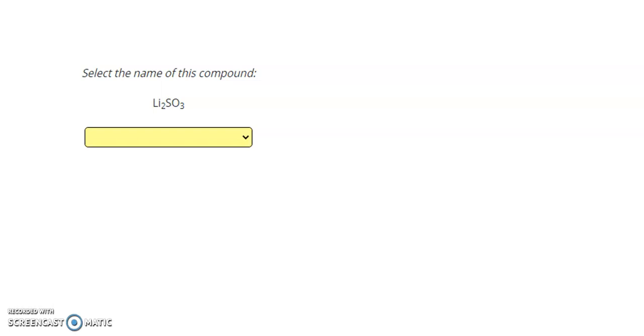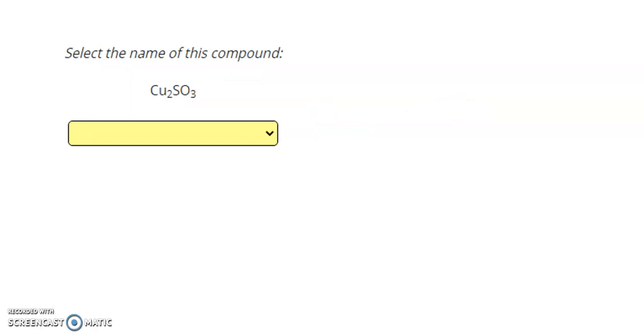And if you look up the name of SO3 2-, you'll see that's sulfite. So here's the name of this compound. This is lithium sulfite. Make sure you don't change the ending to IDE because that "ite" tells you what type of polyatomic ion it is.